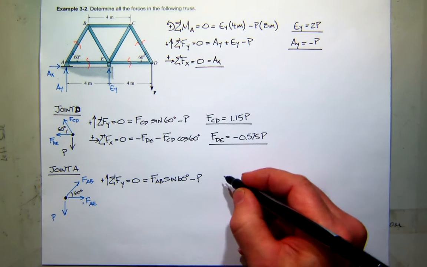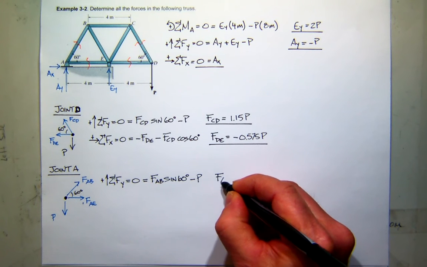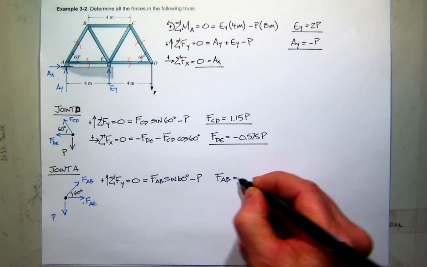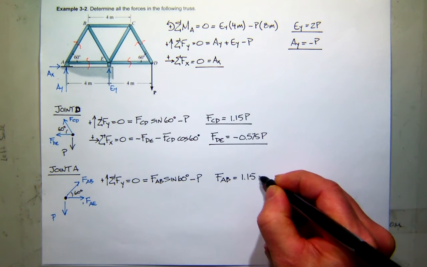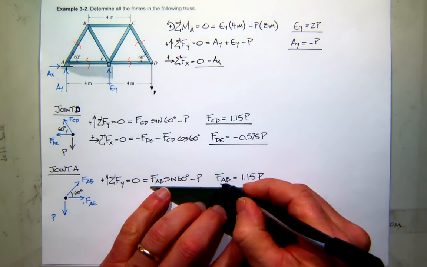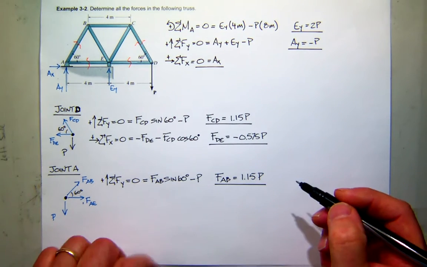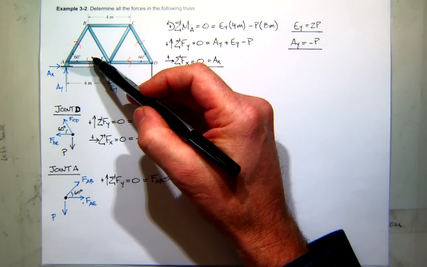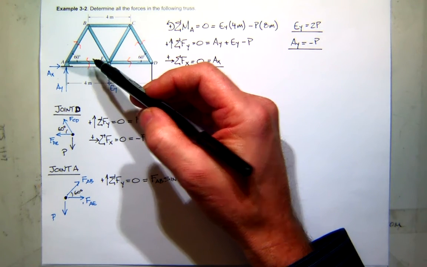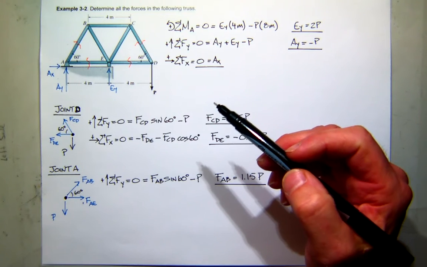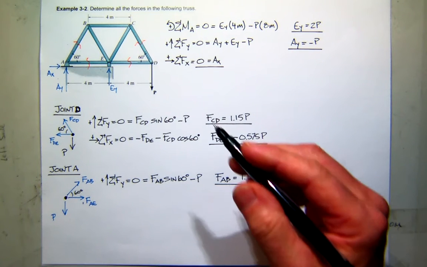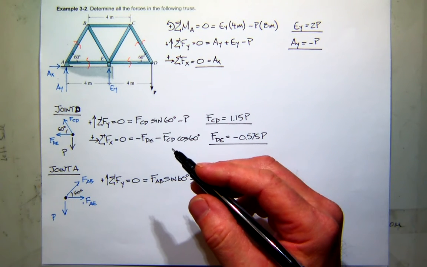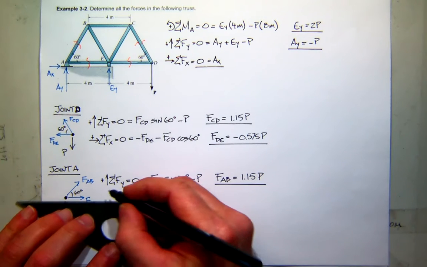So I'm hoping that we'll find that F_AB is equal to 1.15 P. Is that correct? So I'll put a little squiggle there because I found AB. All right, what's next? Mr. Fan, I'm sorry. Sum the forces in the X direction. In the X direction.